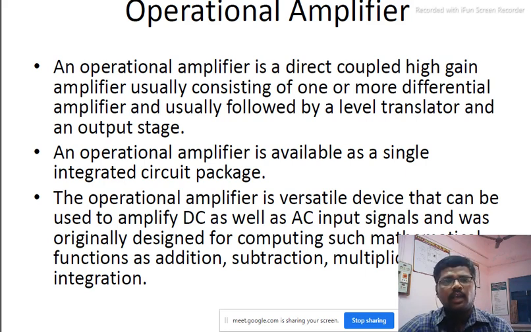Here an operational amplifier is a direct coupled high gain amplifier. It usually consists of one or more differential amplifiers, usually followed by a level translator and an output stage.